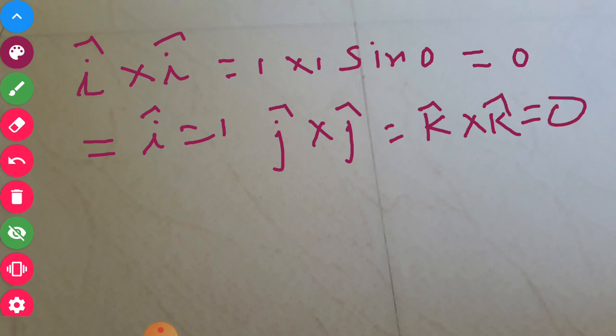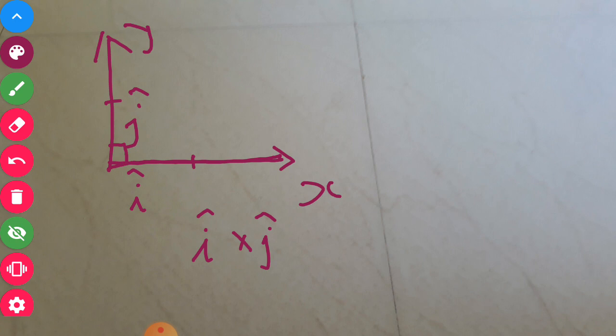Now try to understand the new property. Say for example these are two axes. This is your x axis, this is the y axis, and this is the unit vector in the x direction, this is the unit vector in the y direction. Now what is the angle between them? I and j have an angle of 90 degrees between them. Now if i cross j is taken, it is 1 into 1 sine 90.